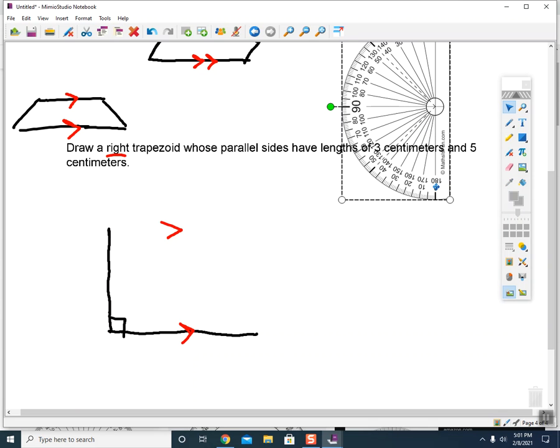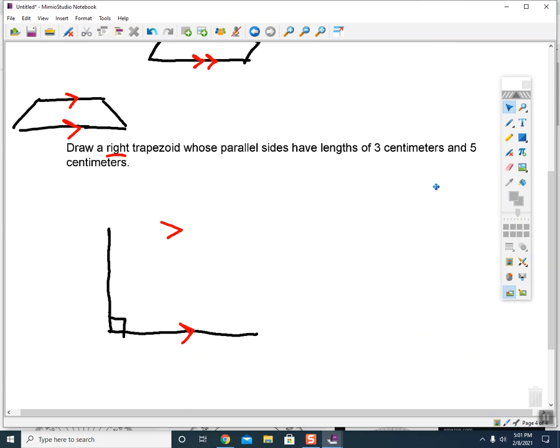Let's see, I'm just going to get rid of this quick. My parallel sides should have lengths of 3 centimeters and 5 centimeters. So I'm going to say that this bottom one is 5 centimeters. Let's make this top one 3 centimeters. I don't know what 3 centimeters would be exactly.